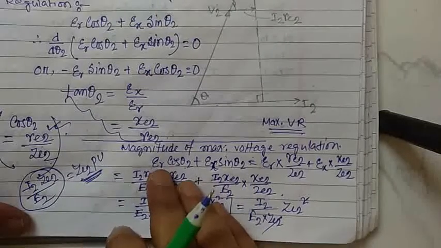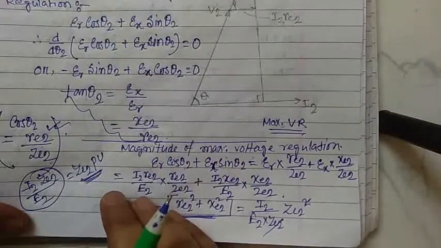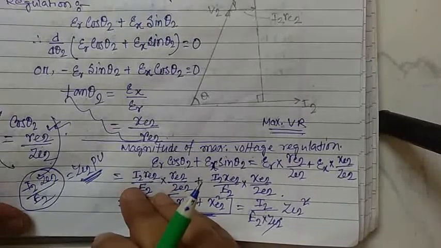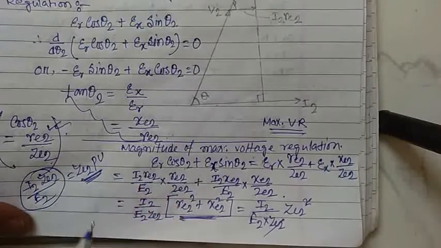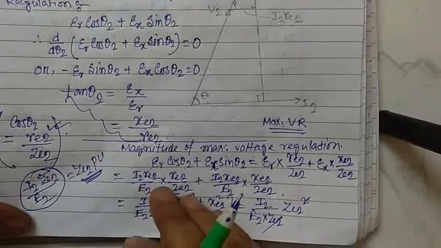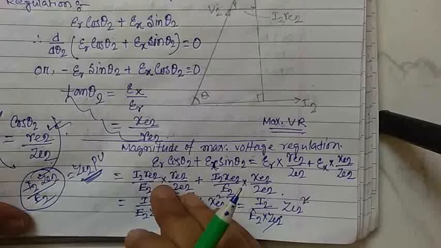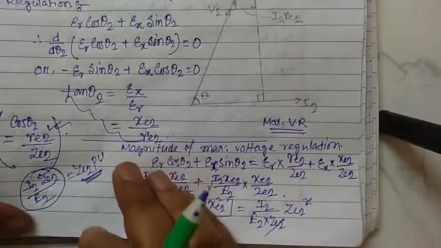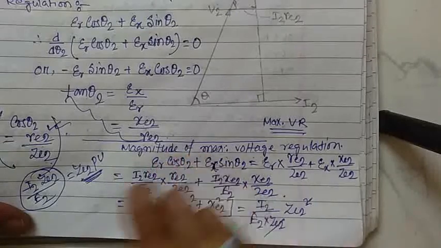Suppose, for example, the equivalent leakage impedance is 0.065, then the maximum voltage regulation is 0.065 per unit or 6.5%.